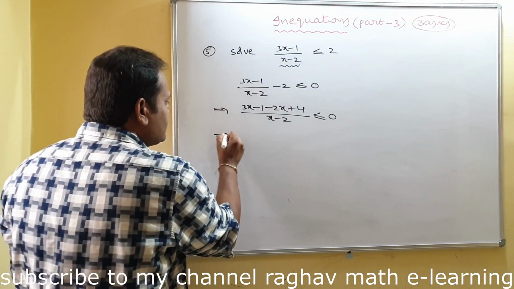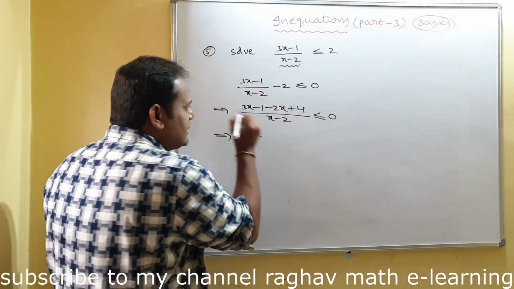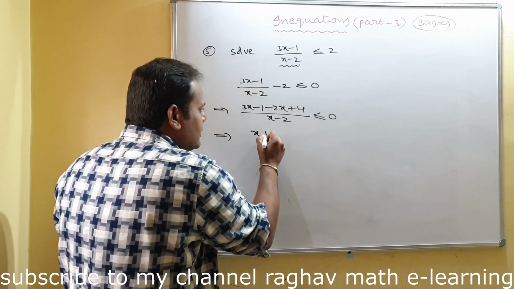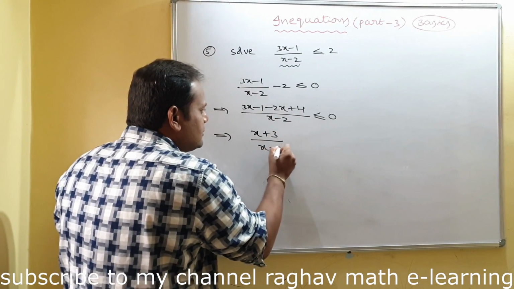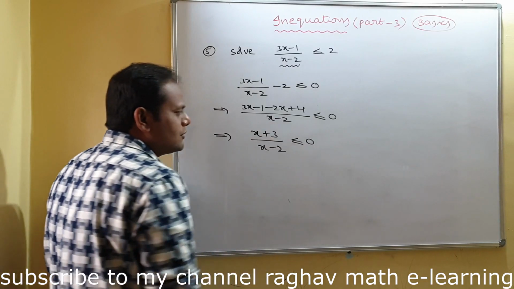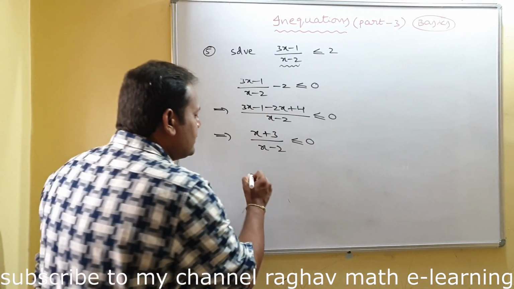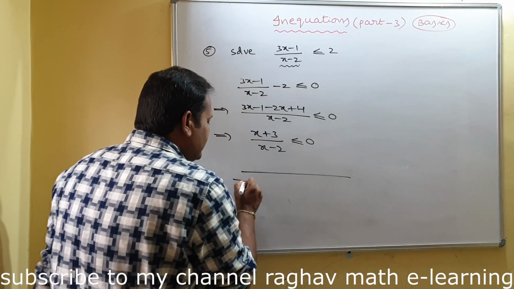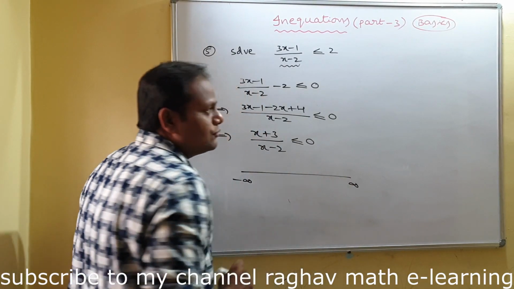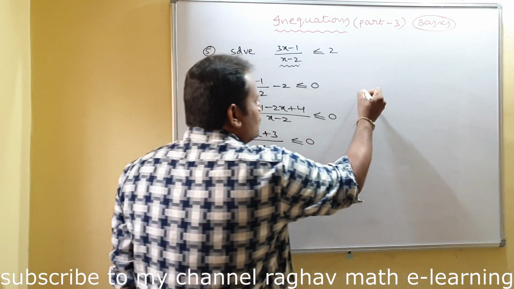Here you see that 3x minus 2x, it is x. 4 minus 1, it is 3, by x minus 2, less than or equal to 0. Now using the real line, we find the solution. So we take the real line, minus infinity to infinity.